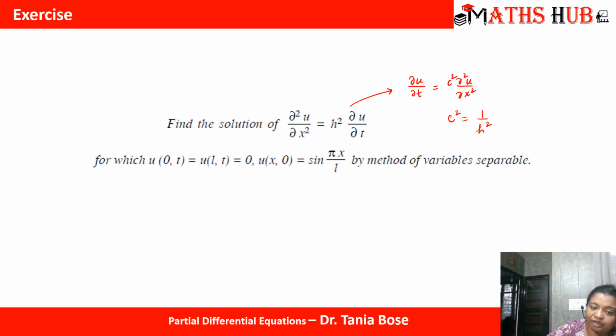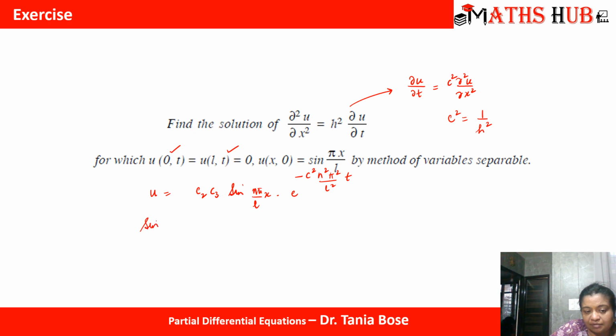Then after putting the first and the second conditions, that will remain same. So you will put the next condition, you were getting u as C2 C3 sine n pi by L x into e raised to power minus c square n square pi square by L square t. In place of c square, you will put 1 by h square, and then you will put this condition, t equal to 0.